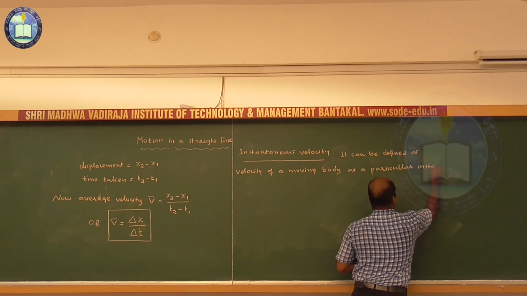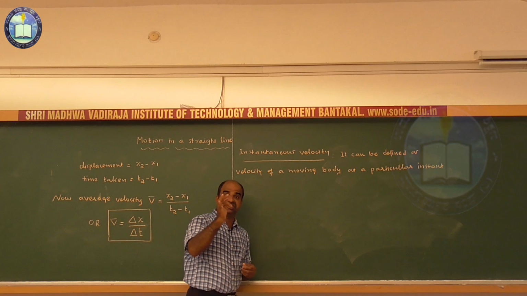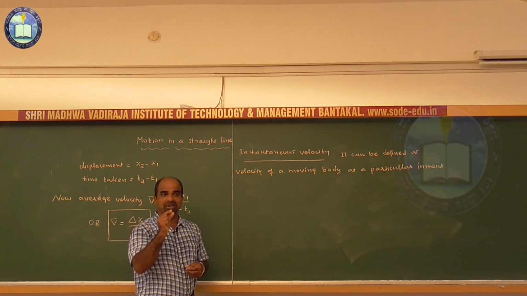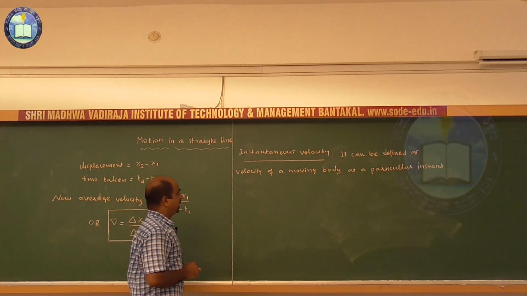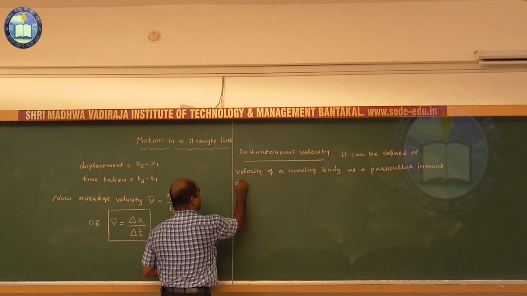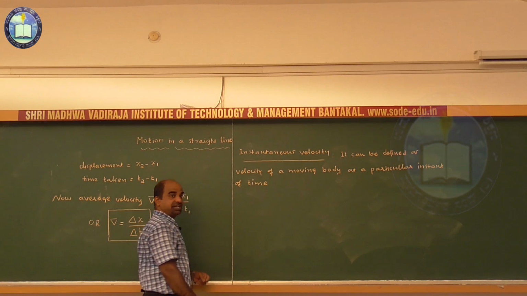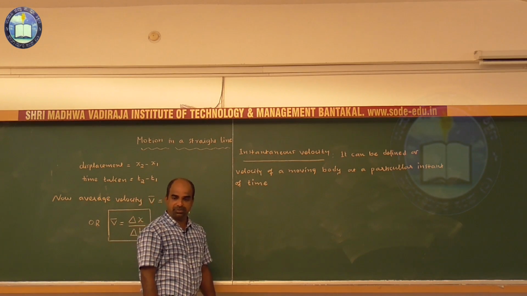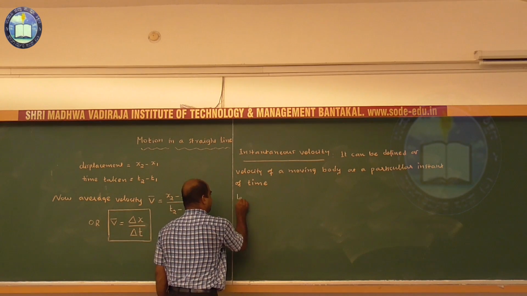At a particular instant. ನಿರ್ದಿಷ್ಟ ಕ್ಷಣದಲ್ಲಿ ಒಂದು ವಸ್ತುವಿನ ವೇಗವೇ instantaneous velocity. That is, it can be defined as the velocity of a moving body at a particular instant of time is known as what? Instantaneous velocity. Any doubt?